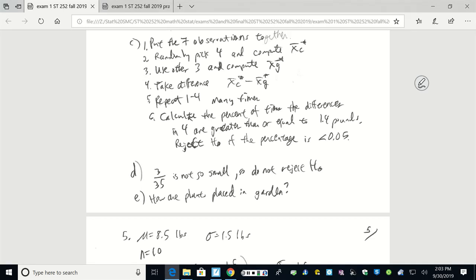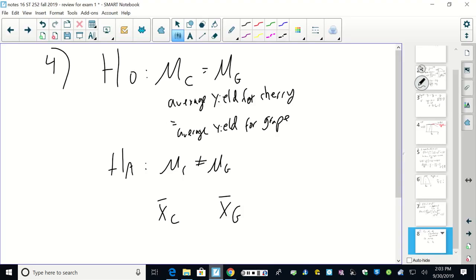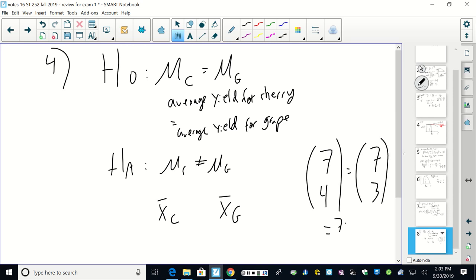There's only 35 combinations, because 7 choose 4 is the same as 7 choose 3. So 7 times 6 times 5 over 1 times 2 times 3 is 35. There's actually only 35 ways to divide those into 4 and 3. It's not that big of a number. And 3 of them are at least as big as that.